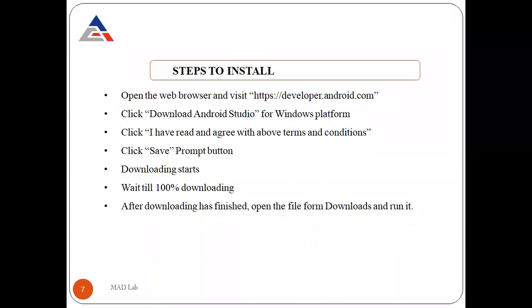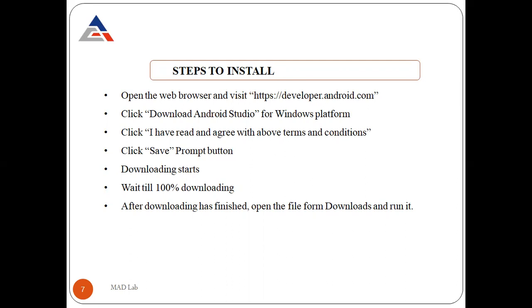After downloading, you will get an executable file. When you open the website, click download Android Studio. You have various platforms there: Linux, Windows, Macintosh, and whichever platform you have, you can download that version of Android Studio. As we are talking about Windows, we click on download Android Studio for the Windows platform.